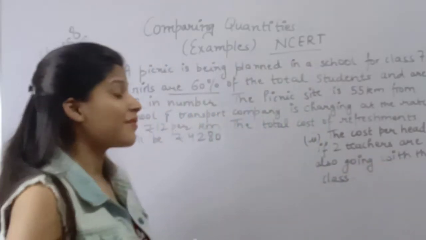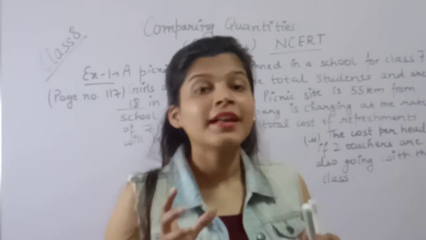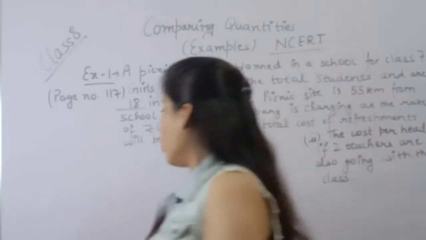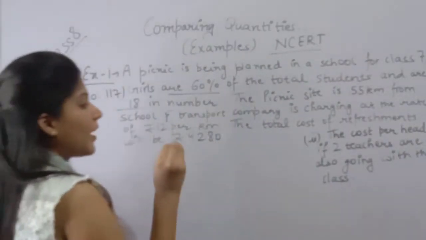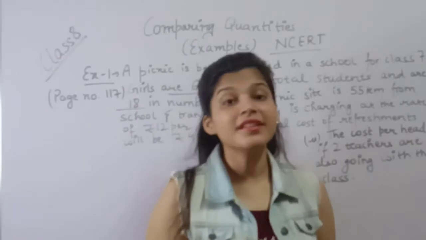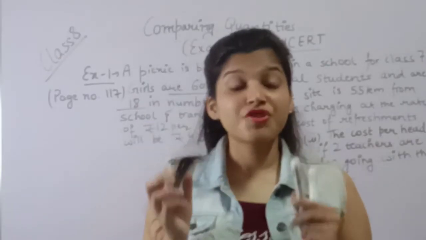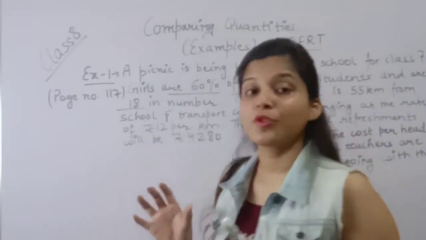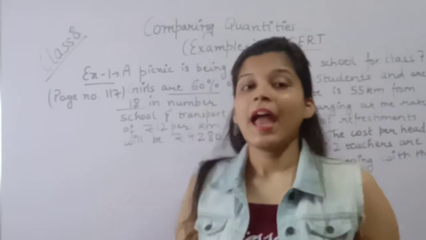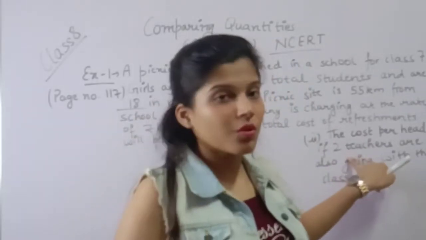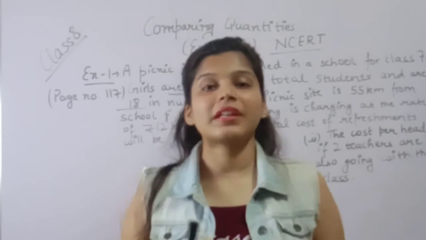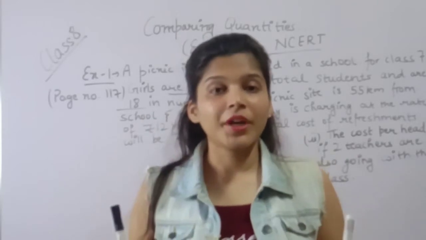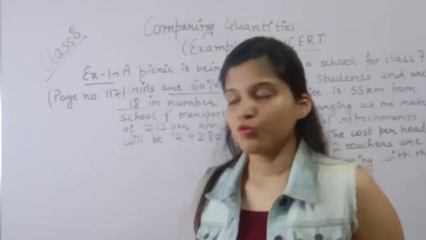So now we have the total number of students as 30. Now he is asking the cost per head. Per head means cost per child. So total number of students are 30 and plus 2 teachers are also going with the class, so it means total number of people going on the trip ho gaye 32.